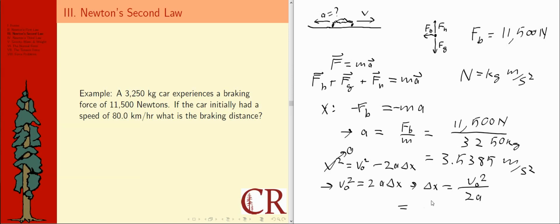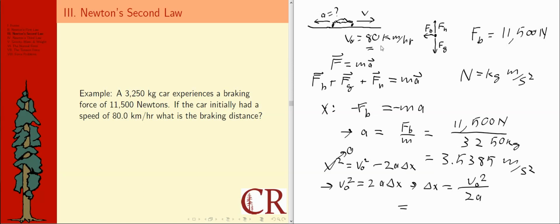Anyways, what we should put in now is that this v naught really represents the 80 kilometers per hour, the initial speed given to us. But I'd like to convert that into meters per second.